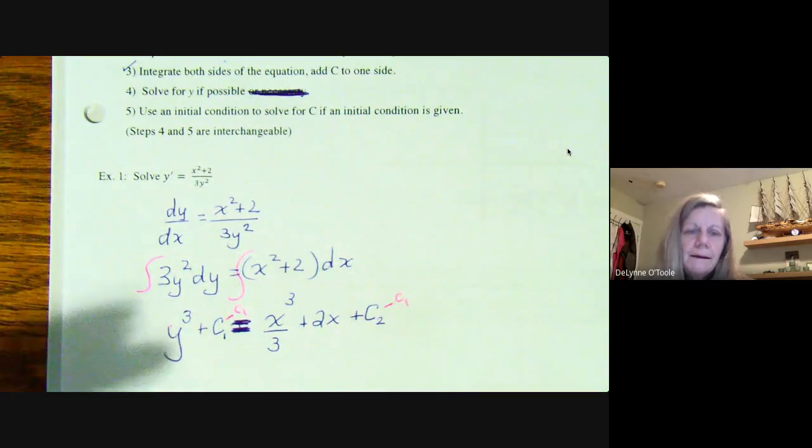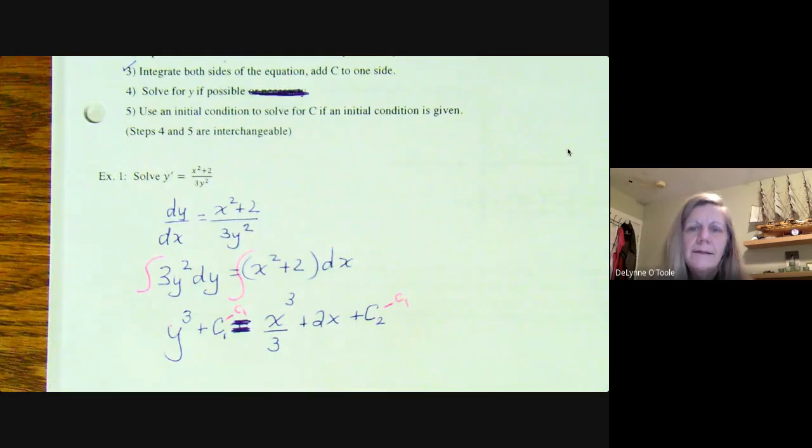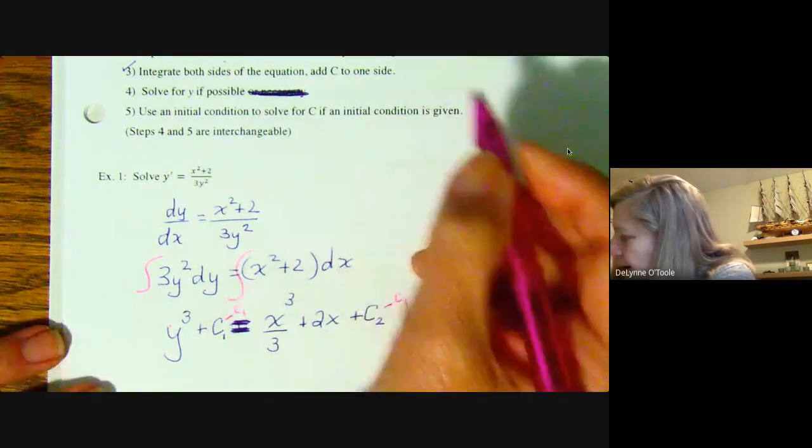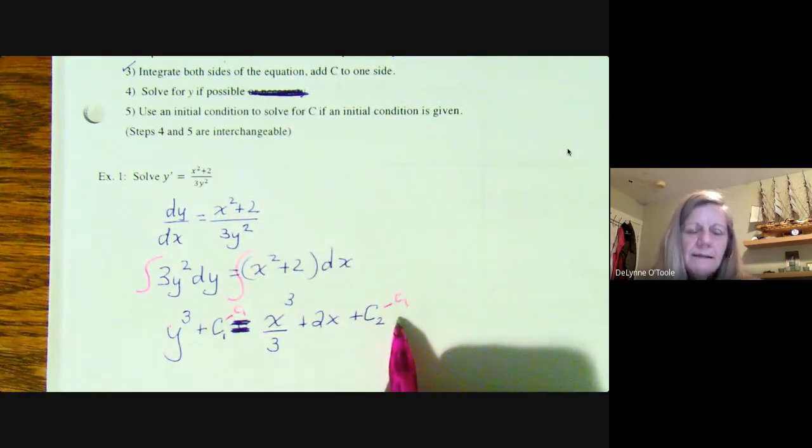Well, a constant minus a constant is another constant. And so that's why when it says integrate both sides and add c to one side, we only have to add it to one side, because if we add it to both sides, we're going to end up combining them anyway.